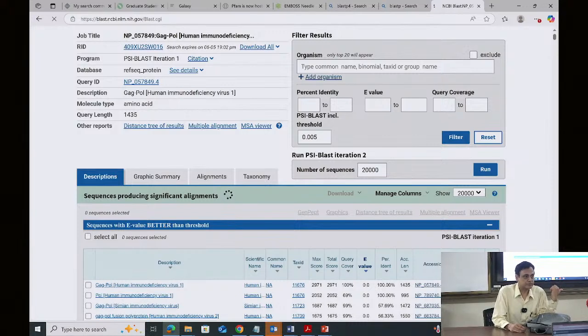RefSeq is curated, and it is also non-redundant. NR is non-redundant, but RefSeq is even more non-redundant, a curated single-copy kind of reference sequence. So try that also, and it will be fast because RefSeq is a small database. Then let me know tomorrow the results that you got with question number 8 and question number 9.